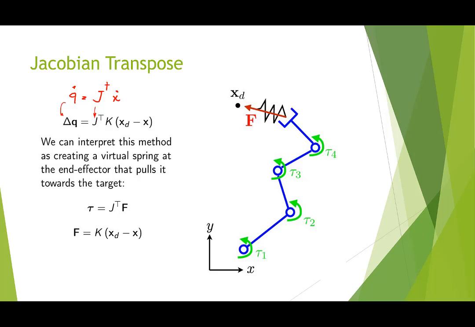Why? Because, as we derived, the Jacobian transpose maps forces to torques at the joints. When we use the Jacobian transpose, it's like we're mapping a force proportional to the change in the position of the robot end effector into the joints.